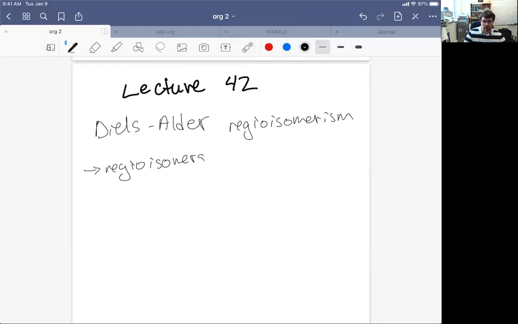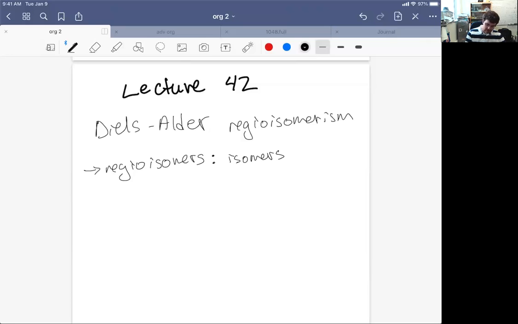There is some question as to whether or not this is a real word. I'm going to lean towards yes, but let's just acknowledge that some people don't like the term. But regioisomers are isomers. That is, they have the same molecular formula, same number of elements, that sort of thing, but there's something different about the structures.